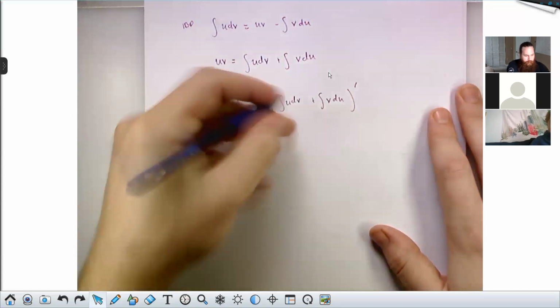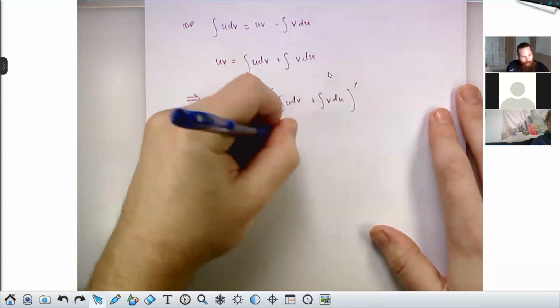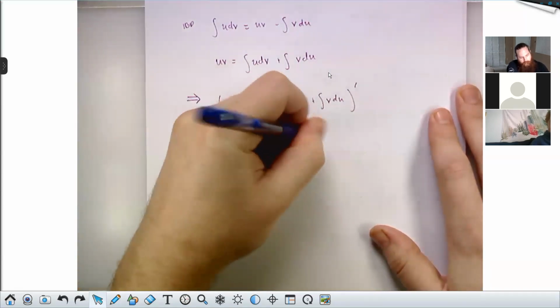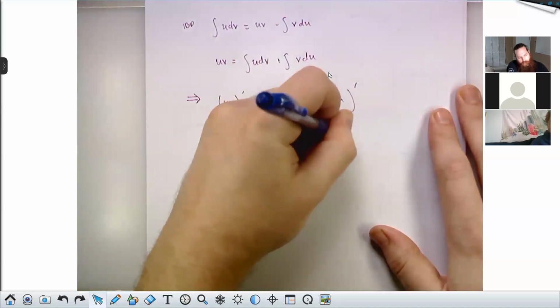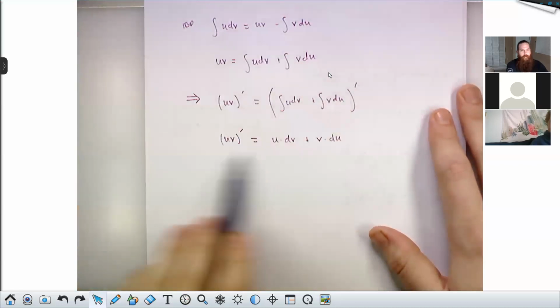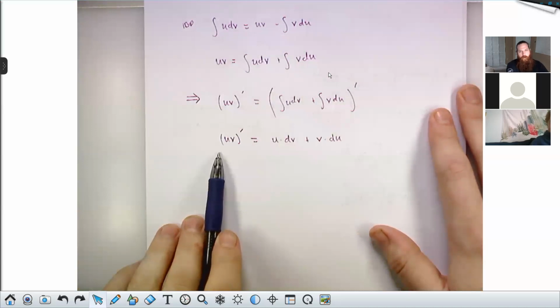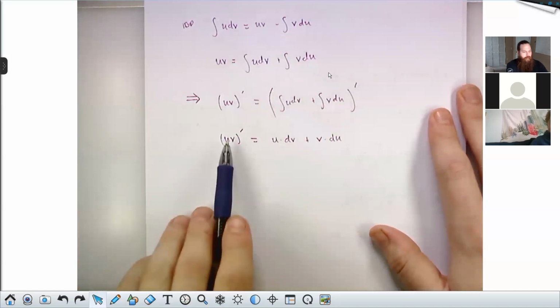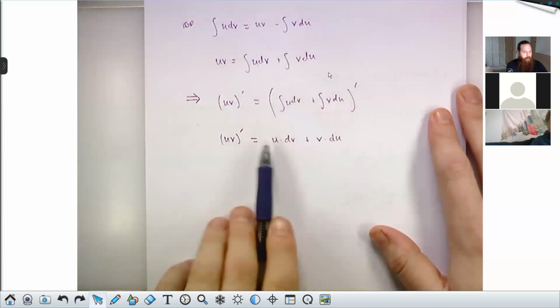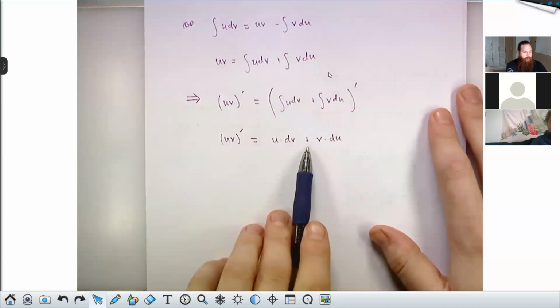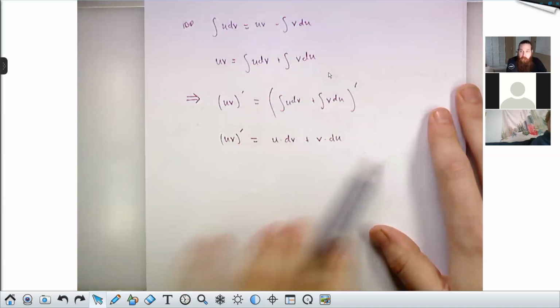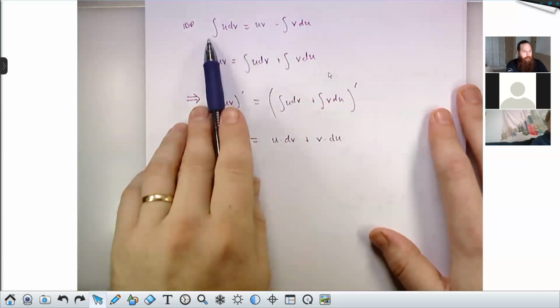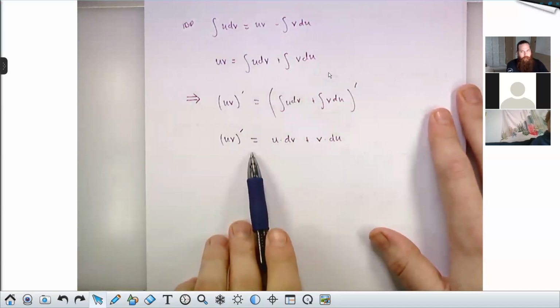They just eat each other up. So this is u times dv plus v times du. This should look very familiar, right? This is just one way of writing the product rule: the derivative of u times v is equal to u times the derivative of v plus v times the derivative of u. Okay, so the IBP formula is equivalent to the product rule.